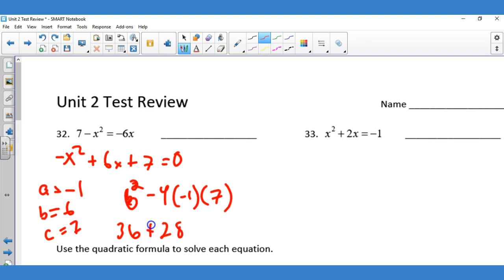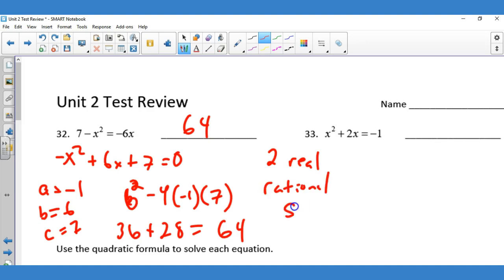So plus 28, which is 64. See how 64 is a perfect square? Because we get a perfect square, that means we're going to have 2 real rational solutions. Perfect square means 2 real rational solutions.